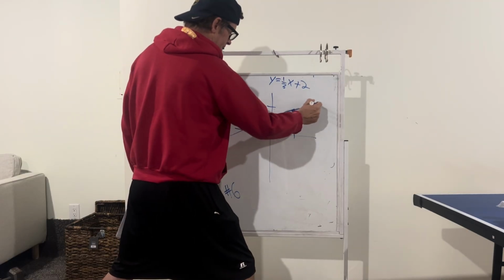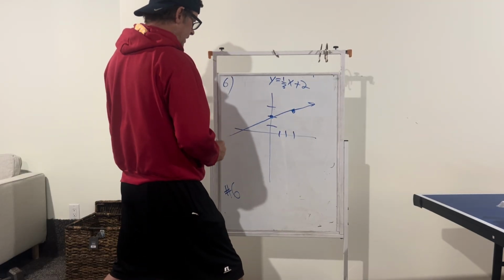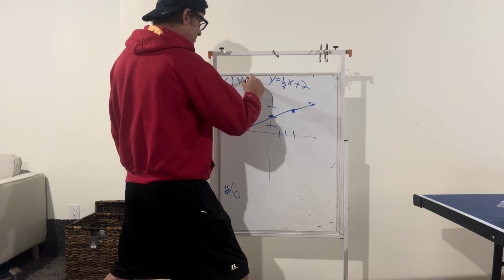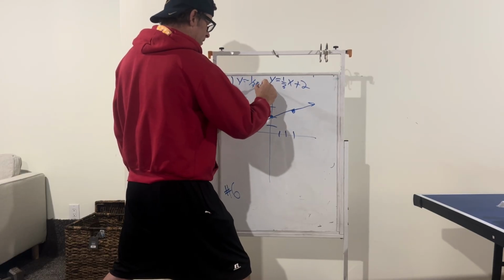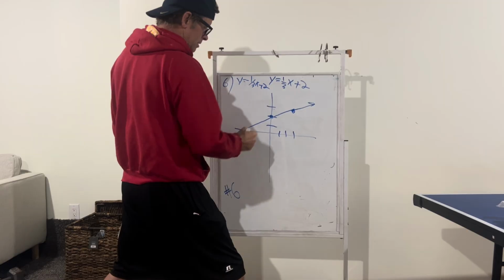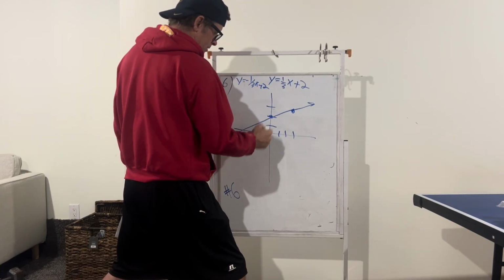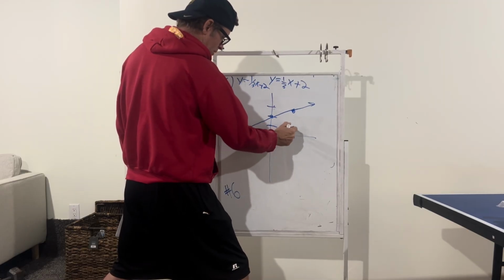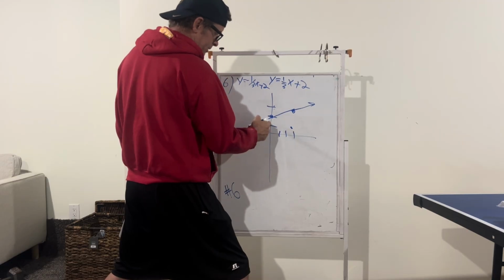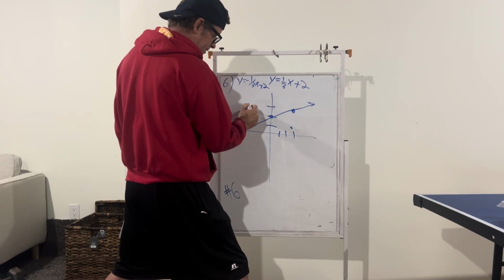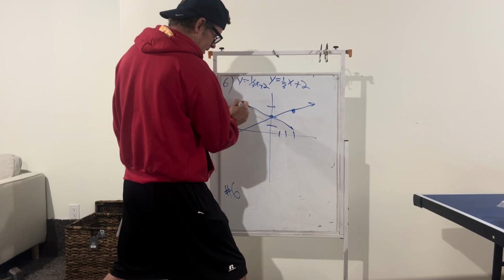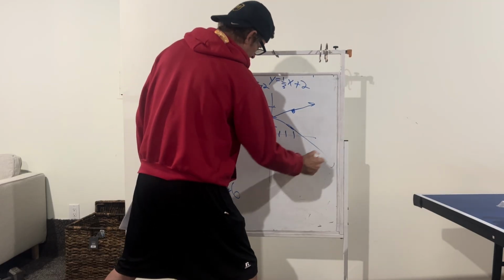Then let's make another line. Y equals negative 1/3 x plus 2. So y-intercept is 2. But this time we go down 1 over 3. Or we could go up 1 and left 3. Like so.